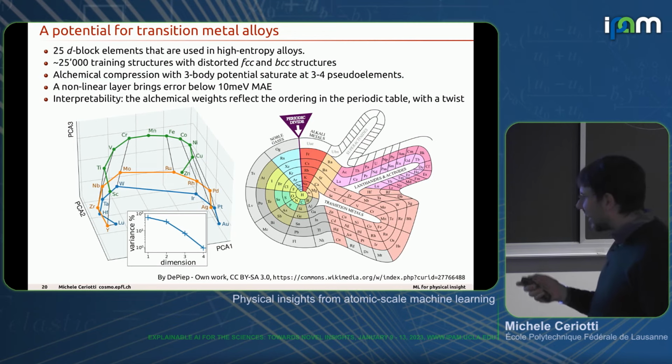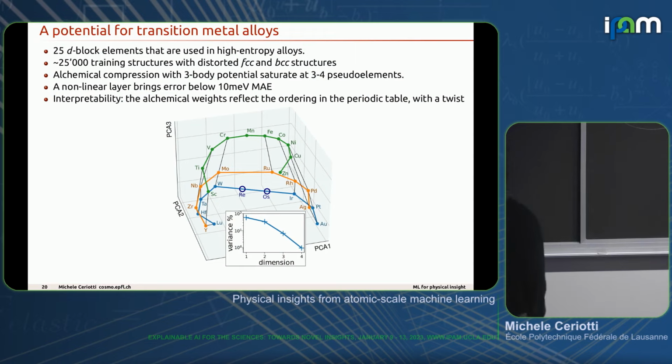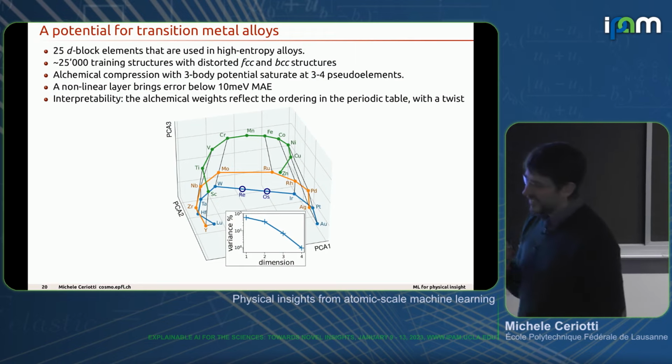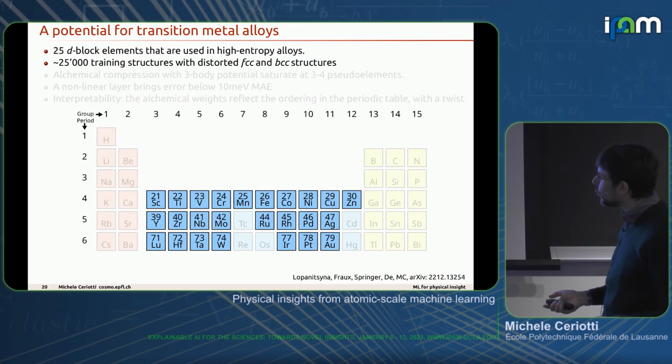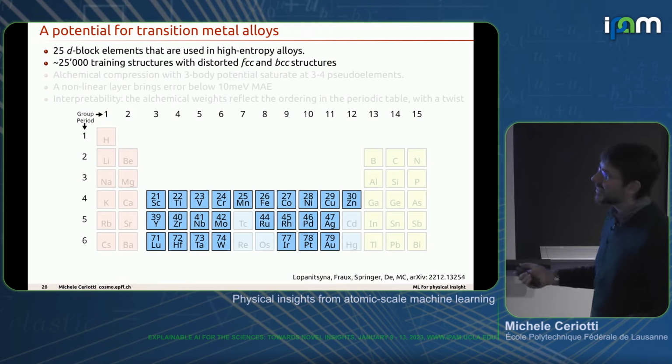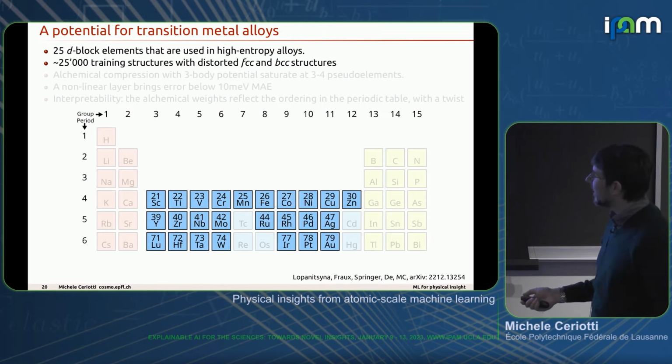And another thing which I really find incredibly cute is that, okay, for good or bad reasons, we had decided not to do the full D block. We left a few elements out, the technetium because it's not stable, the others because they are almost never used in high entropy alloys, but it's kind of a pity that we don't have rhenium and osmium.